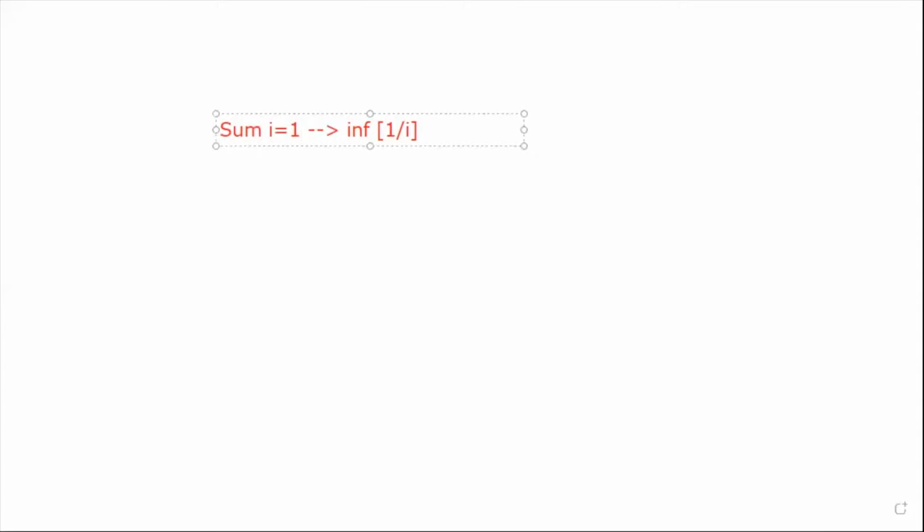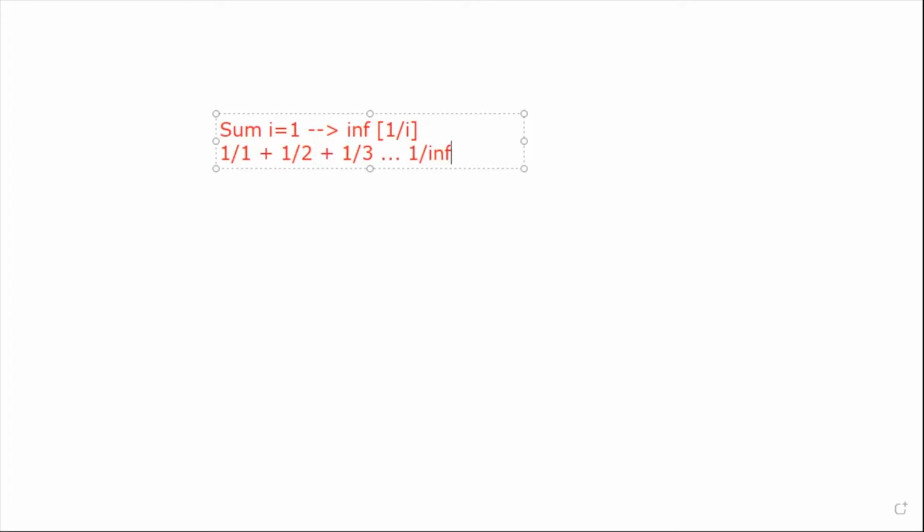So this will essentially represent 1 over 1 plus 1 over 2 plus 1 over 3. And we want to tell whether or not this series, when it goes to infinity, like 1 over infinity, will it converge or will it diverge?